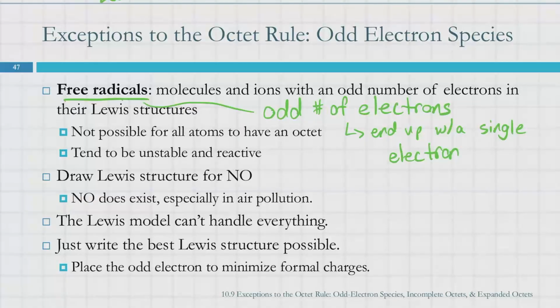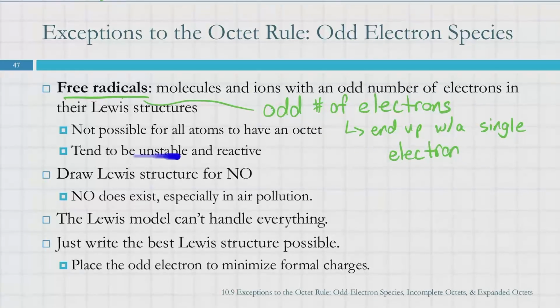So somewhere in the Lewis structure there will be one electron by itself. Normally that would mean to us something's wrong, because we should have lone pairs or bonds, and those are both even numbers of electrons. We can have odd numbers of electrons. That will end up with a single electron somewhere in our Lewis structure. These tend to be unstable and reactive.